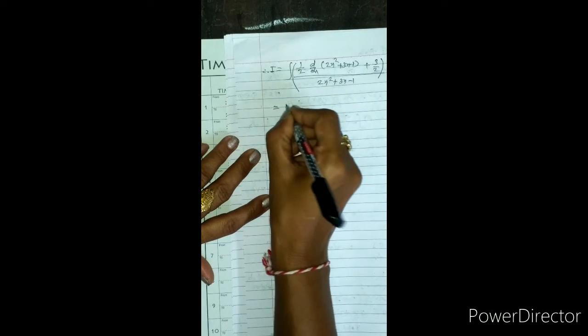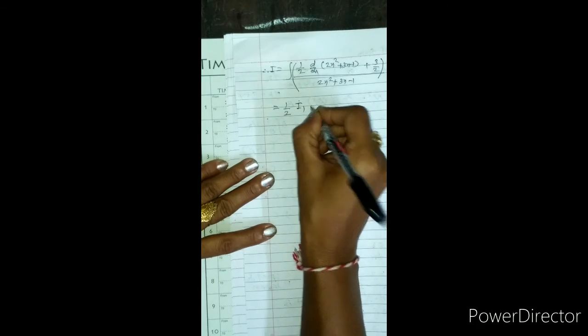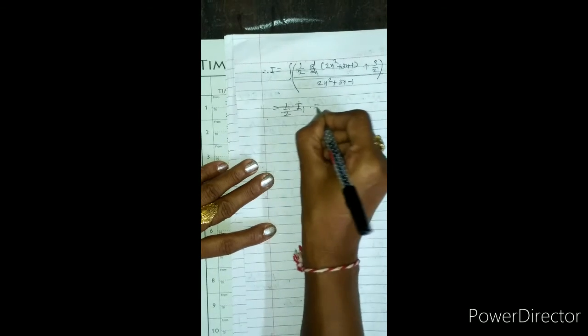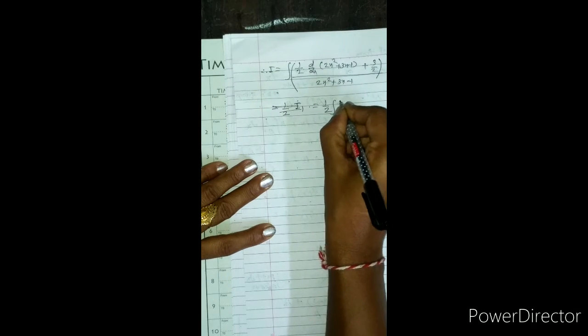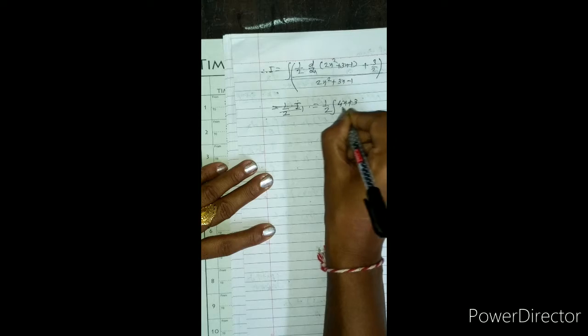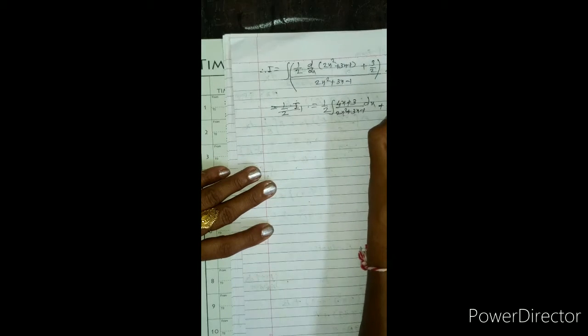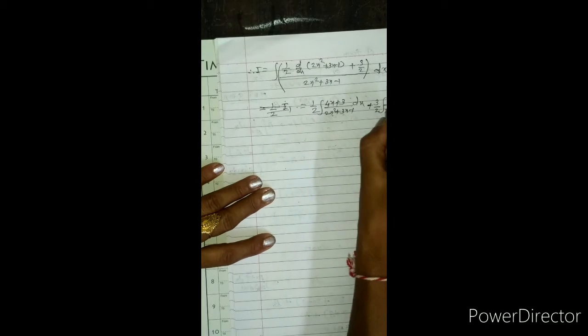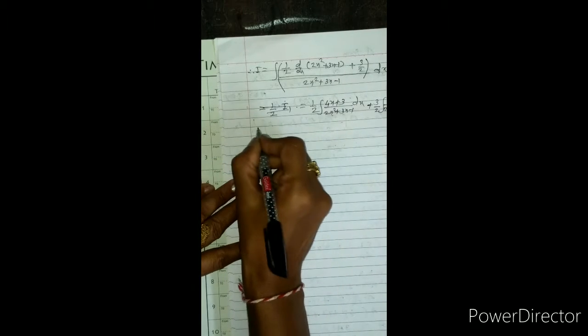So we get half times the integral of 4x plus 3 upon 2x square plus 3x minus 1 with respect to x, plus 3 by 2 times the integral of 1 upon 2x square plus 3x minus 1 with respect to x.